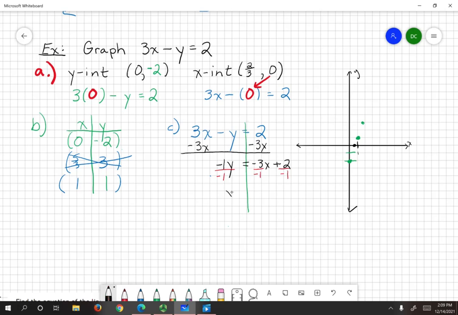That means that I have y equals 3x minus 2. Here's where it gets a little confusing because the slope, remember, it's y equals mx plus b. So m is 3 and b is negative 2.